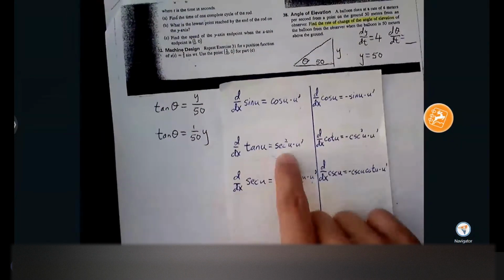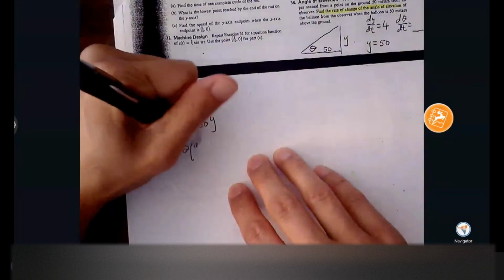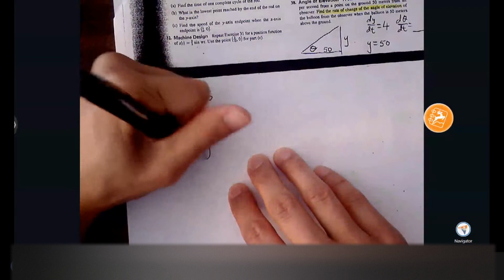Push that 50 out in front to make it a little bit easier to look at. All right, we're ready for our derivative. Tangent becomes secant squared. 1/50th stays. Y becomes dy dt.